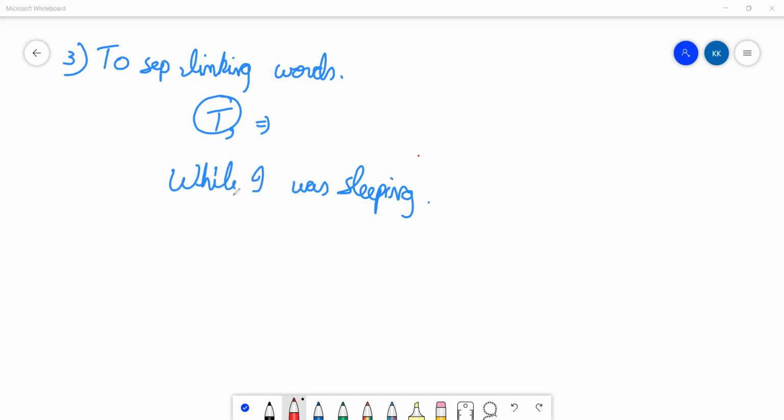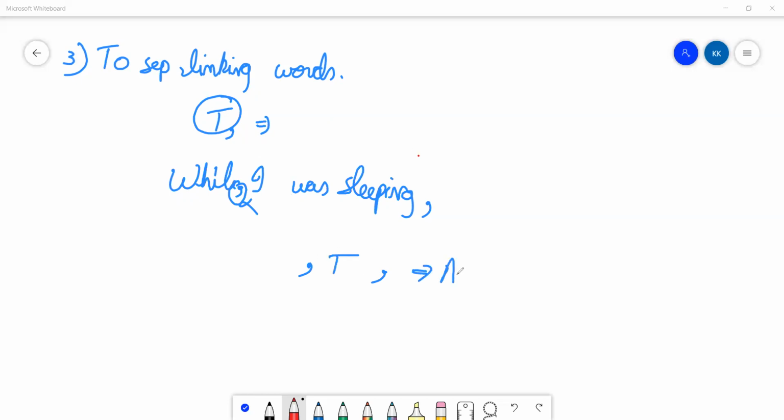Now I have to keep a comma after this because it's a dependent clause, which you will understand in the next use when I talk about joining clauses, and why there will be a comma after a dependent clause. So a comma after while will be wrong. Understood? So not always after a transition can a comma come. It can come only when you're trying to make the transition non-essential.